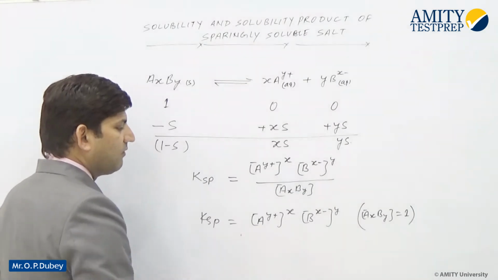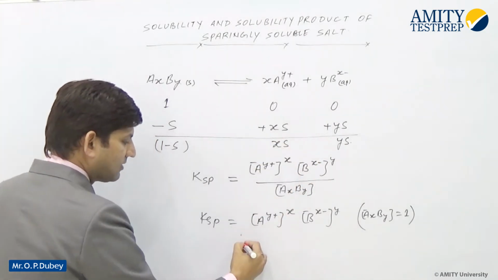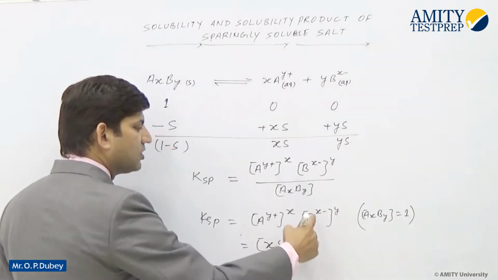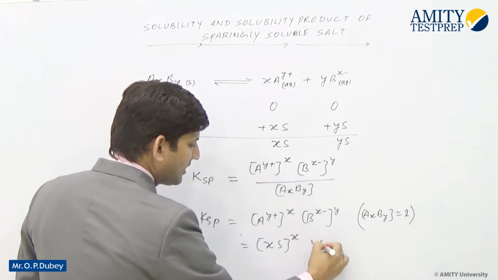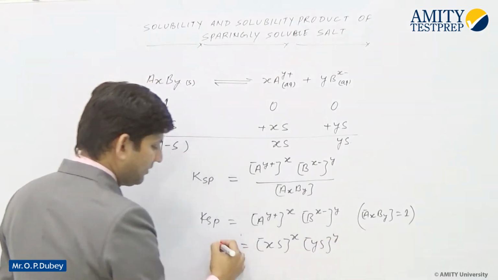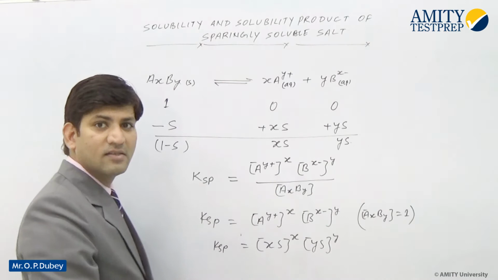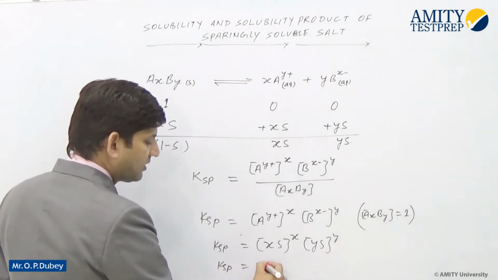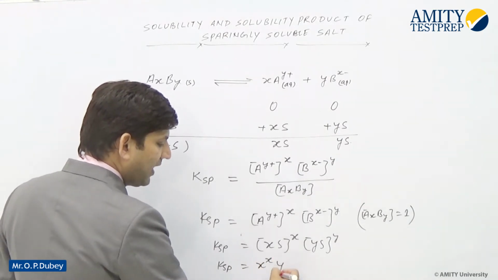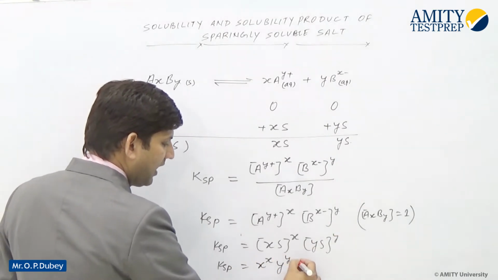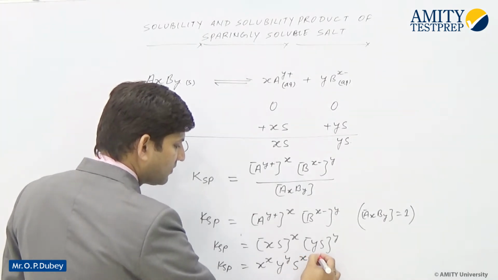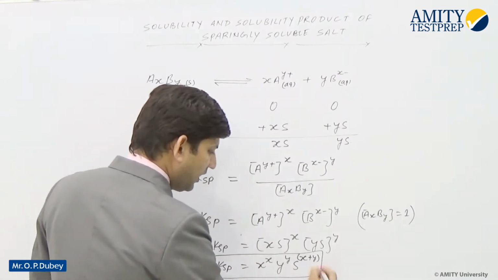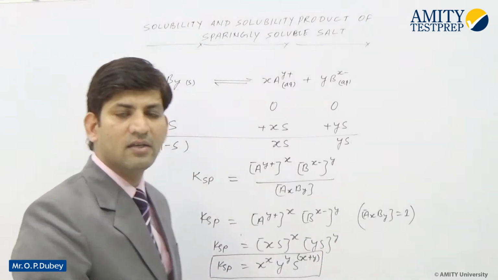The concentration of A^y+ at equilibrium is xS raised to the power x and the concentration of B^x- is yS raised to the power y, that is equal to Ksp. That is, the expression of Ksp for this equilibrium is x^x, y^y and S raised to the power x plus y.